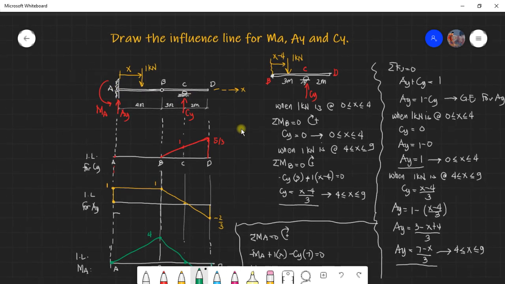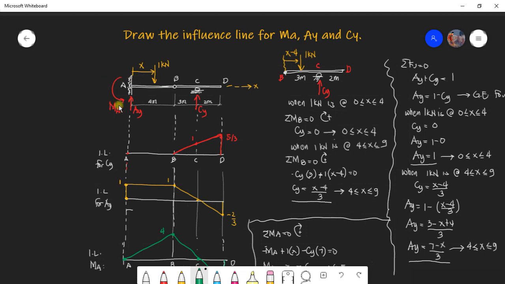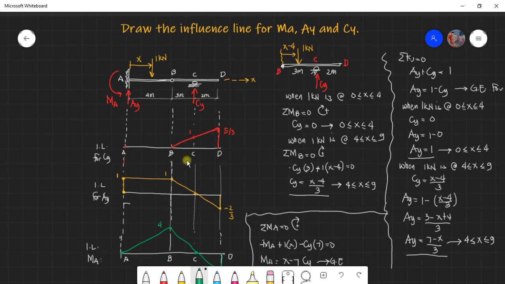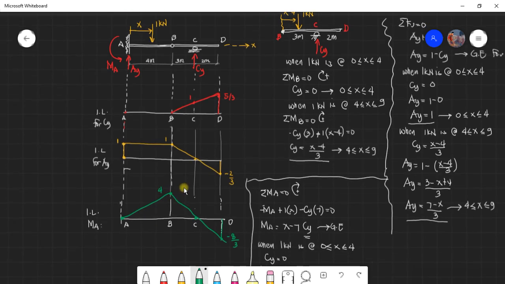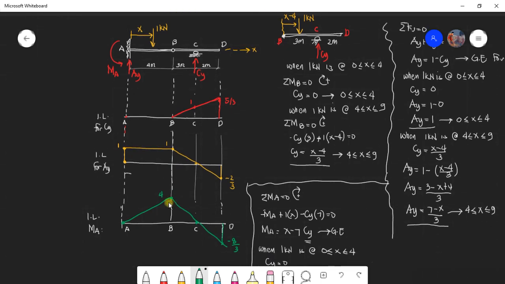Now, once you have identified, let's say, every load sa wheelbase na yun is 100 kilonewton, para makuha mo yung maximum MA, ang gagawin mo lang is you multiply yung load na yon dun sa highest ordinate ng influence diagram. In case na 100 kilonewton, para makuha mo yung response sa MA, 100 times 4.